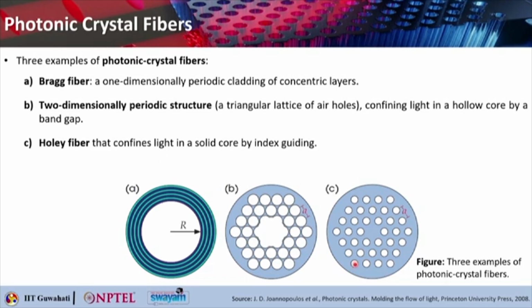And then you have the holey fiber, where the cladding is made of holes, and you have a solid core where you confine light by the index guiding mechanism. Because of the holes, the refractive index of this region is lower than that of the core, and that is how the core becomes a high permittivity or high index material, and light is confined within the core.